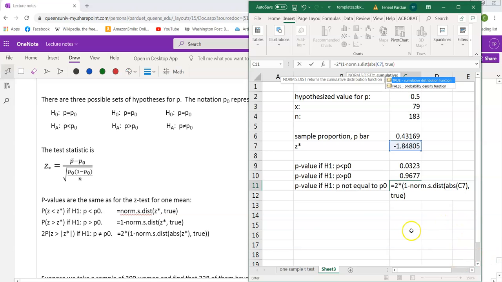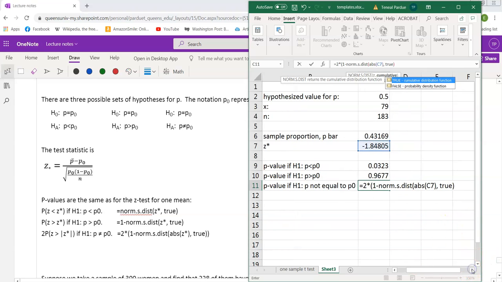And let's count parentheses just to be sure. We've got 1, 2, 3 open, but only 2 closed. So that means we have a problem. So let's see where we have our problem. You're getting a little bit of practice on troubleshooting here. We know we're good on our absolute value. You always start from the inside out.